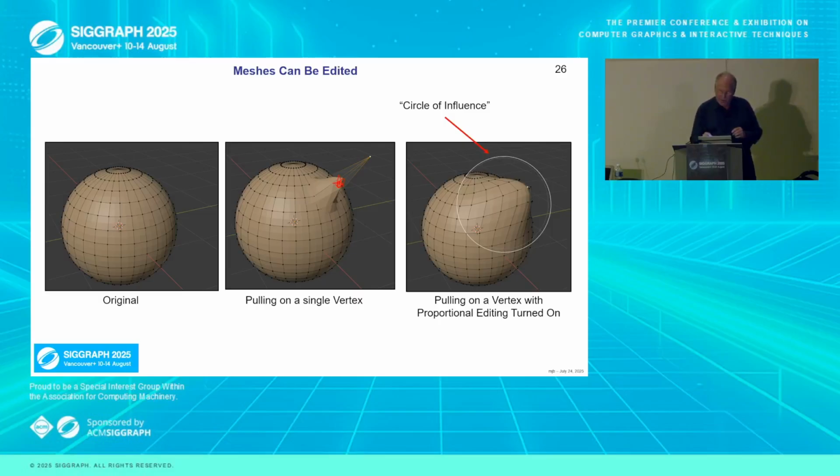But typically what you can do is something called proportional editing, where while you're grabbing this point, it lets you put up a circle, and you're also grabbing all the other points inside that circle. So now when you pull on one point, the others come with it, but not as much. It's sort of like you're dragging them out, and so you get much smoother editing, which typically is what we wanted.